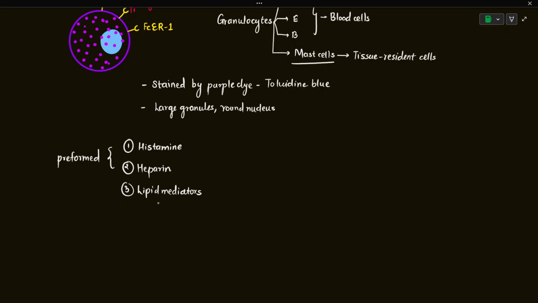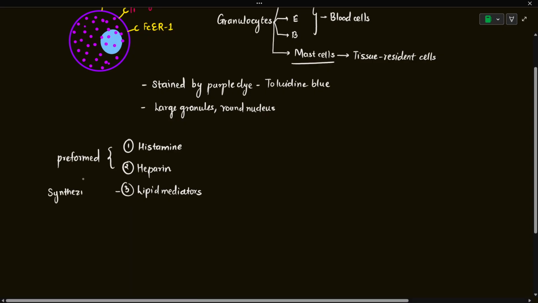Once the IgE antibody comes, it binds to the receptor and results in receptor clustering, which results in activation of the mast cell. Once the mast cell is activated, it synthesizes lipid mediators. Lipid mediators are synthesized, so they are not present in the granules before, but are synthesized after activation.